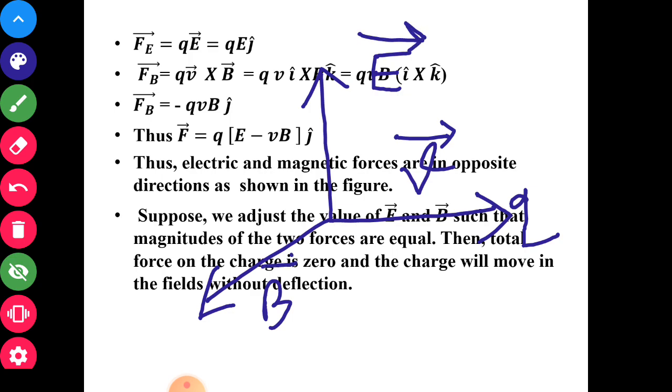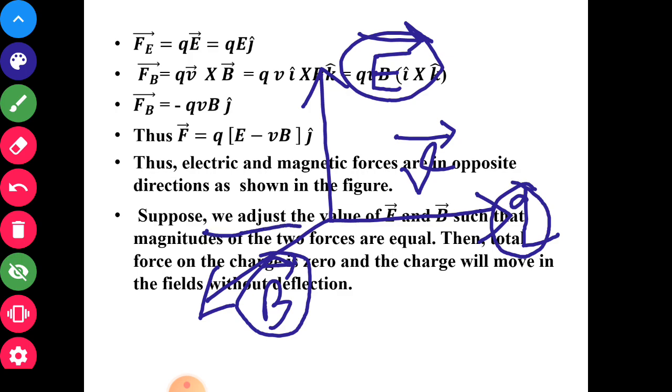Now you adjust the magnitude of E and B in such a way that the resultant force becomes 0 on this charge, so the charge will move in the particular direction where it was moving, or it will not be deflected either in upward direction or in downward direction. Try to understand.